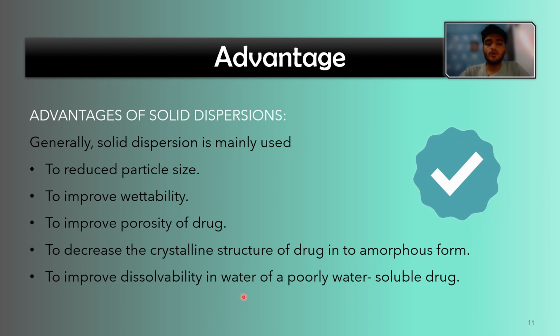It improves the dissolvability in water of poorly water soluble drugs. So these issues are sorted out by the solid dispersion technique, and as we have earlier discussed, wettability and porosity are the main problems faced by class 2 drugs. So to increase their solubility, we are using the solid dispersion technique.